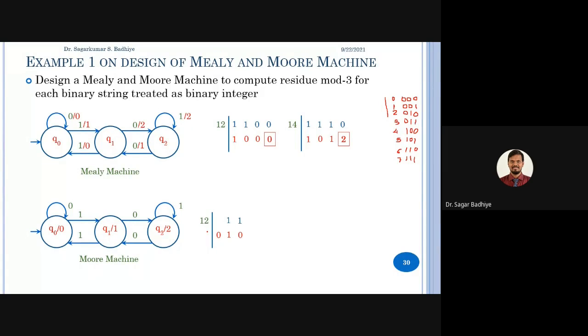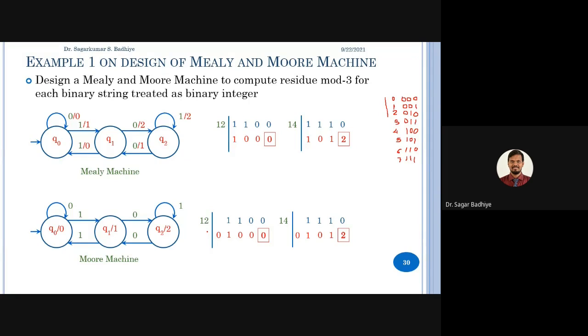Then again in Q0, you get 0 as input, and again you move to Q0, so you produce an output 0. Again read 0 in Q0 and produce an output 0. So at the end the output produced is 0, so the remainder is 0 for the input 12. Same for 14, output is 2.